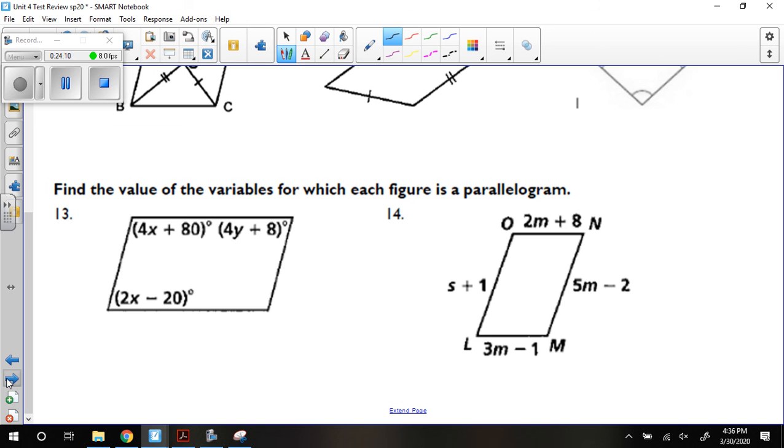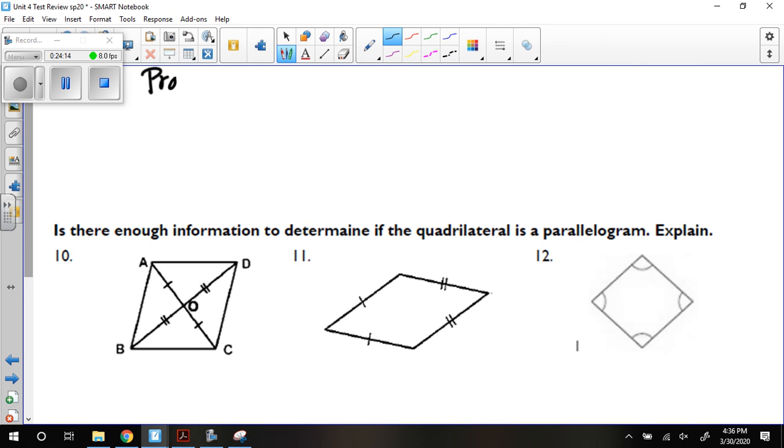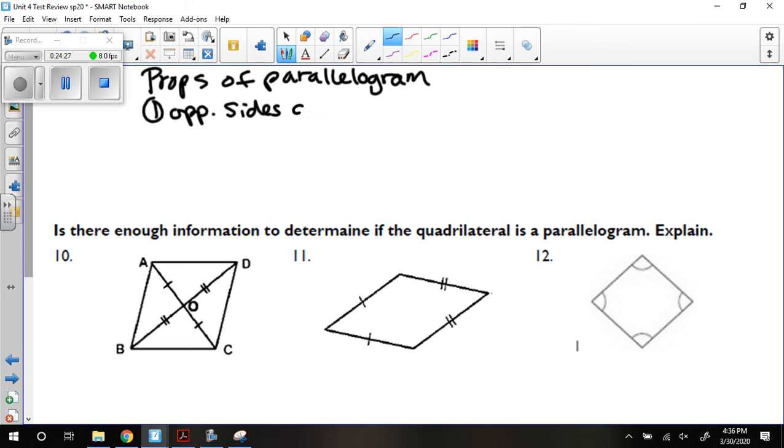So your first property, properties of a parallelogram: opposite sides are congruent.